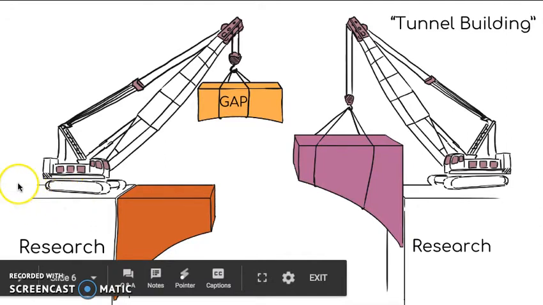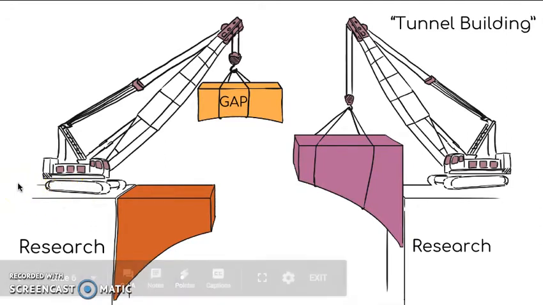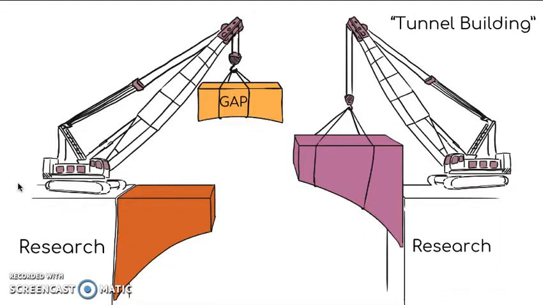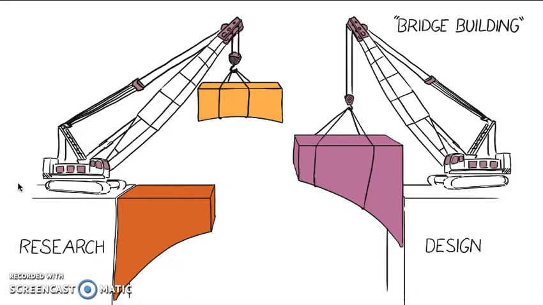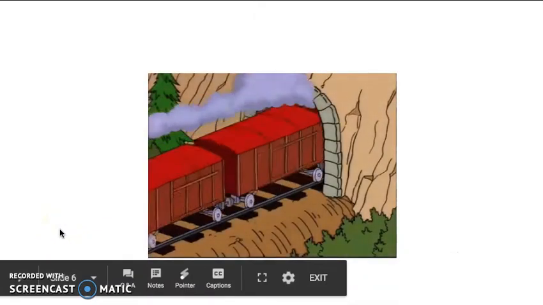So in this image of a tunnel, the two secondary sources and all my other secondary sources would be the big research, the two parts. But in order to answer my research question, I need to fill the gap, which is the most important part. And since M.G. Mann is rarely talked about in books, my gap is a gap that you can drive a train through.